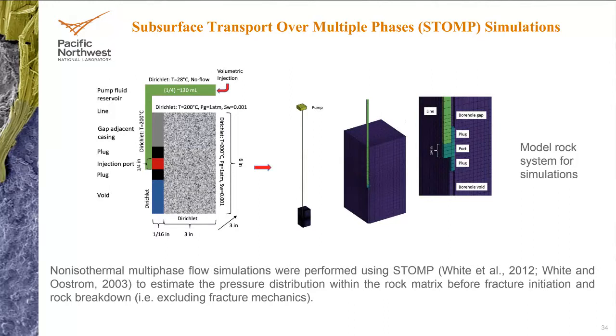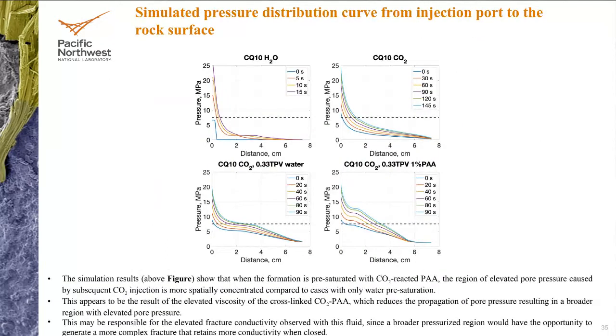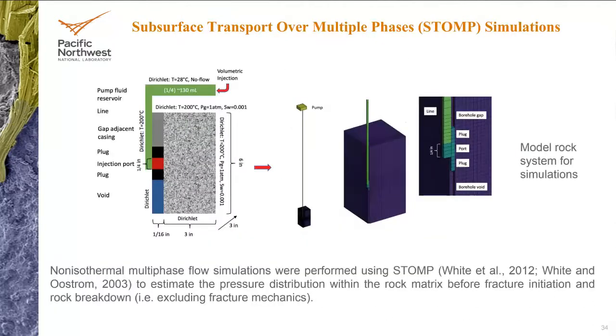So we did some STOMP modeling, a simulated pressure distribution curve here. STOMP is a subsurface transport over multiple phases code that was developed at PNNL by Mark White and Mark Oostrom.